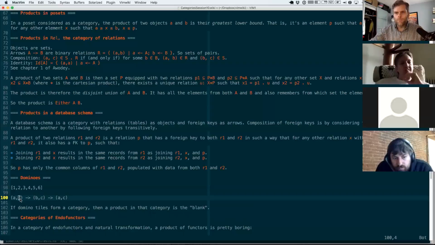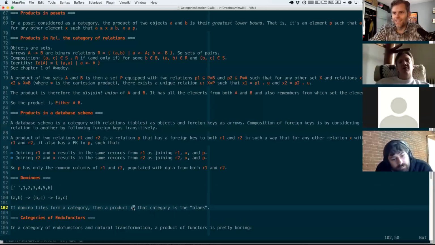But it turns out in the game of dominoes, there's actually one additional end, and that's the blank end. And that actually turns out to be the product in that category. The blank end can be combined with anything? Yes. Yeah.